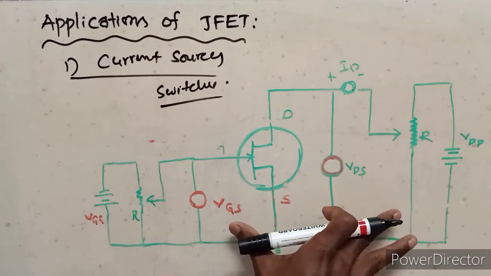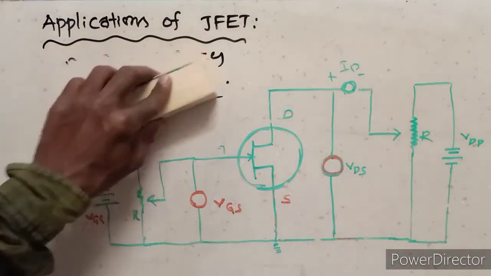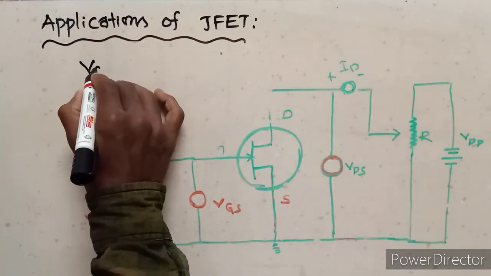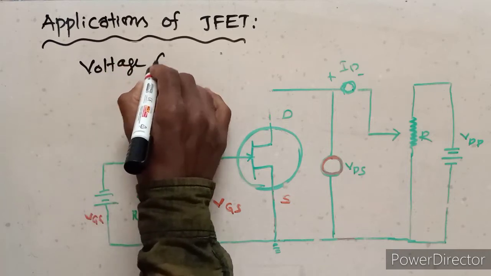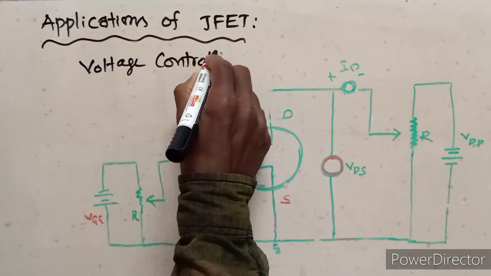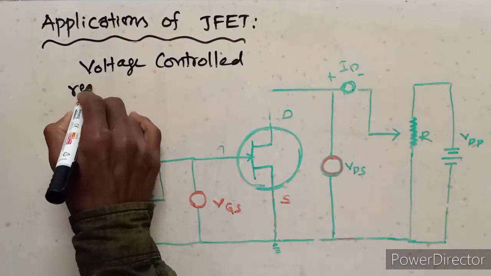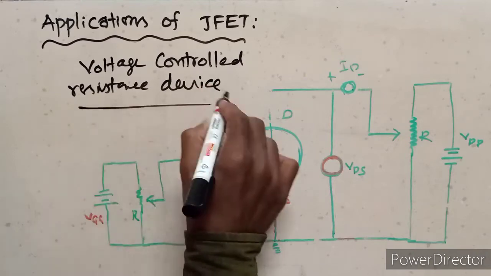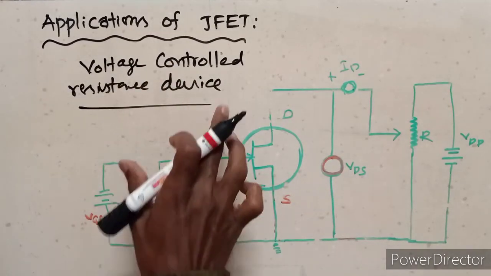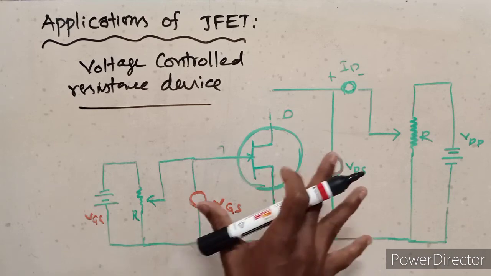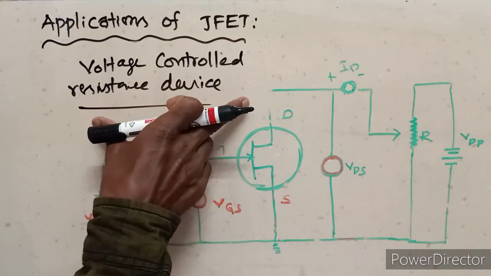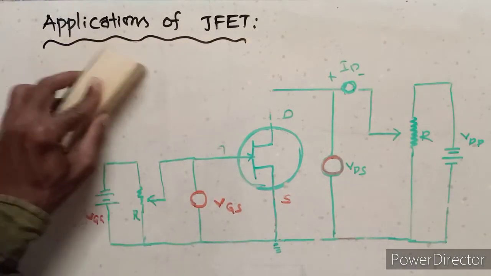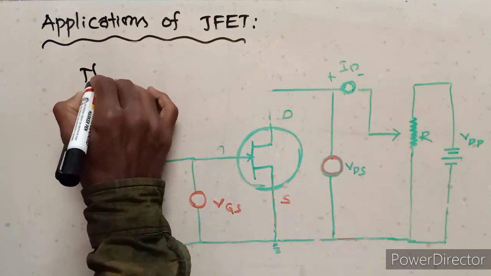They are also used as voltage controlled resistance devices. So they are used in current sources, in voltage controlled resistance devices, and also in buffer voltage amplifiers.